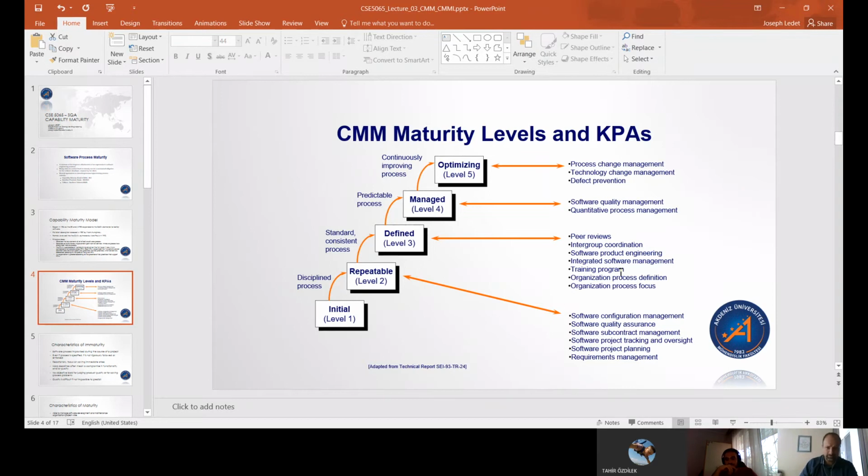Then you have these other higher levels, which have a lot more strict requirements. If you are evaluated to be at these higher levels, it means that you are developing code in a consistent, quality way.